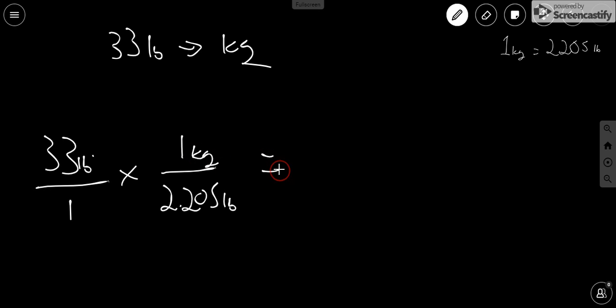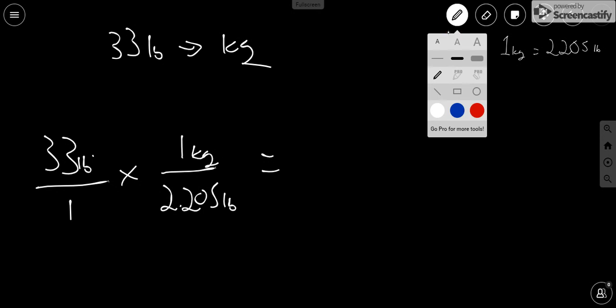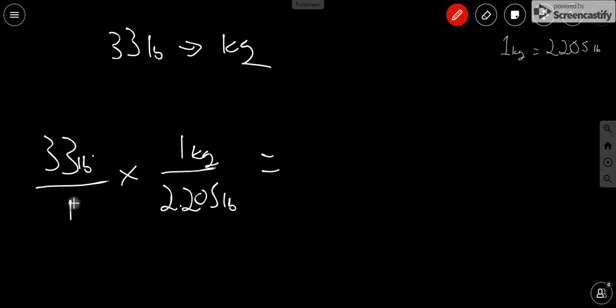The ones are irrelevant, and what that leaves us with is 33 divided by 2.205, and the pounds cancels out the pounds, and we are left with kgs.